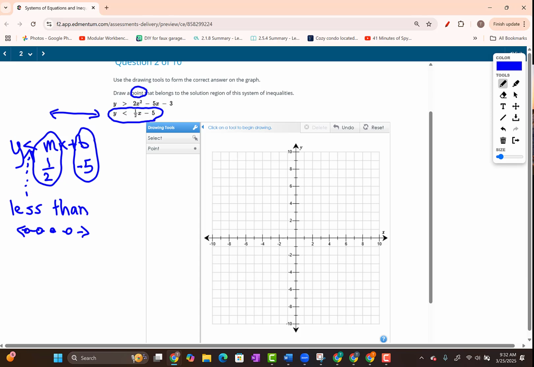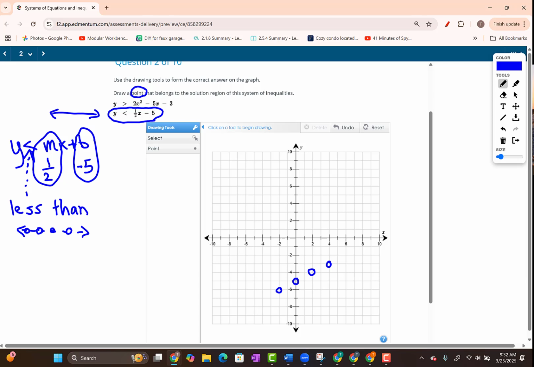Now that's not super important in this problem because they don't actually want us to technically graph this line. They just want us to find a point that is a solution. But I'm going to go ahead and do it because it's good practice. So I'm going to start at the y-intercept of -5 and I'm going to rise 1, run 2. Rise 1, run 2. We can do the opposite.